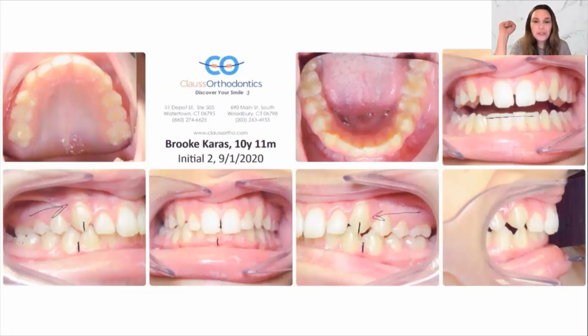She has 2 different occlusion classes. That's my hint to you. And my next question is going to be, what is her occlusion class on the right side? And this is the patient's right, so it's going to be our left, just so you know. So what is her occlusal class on the right side?